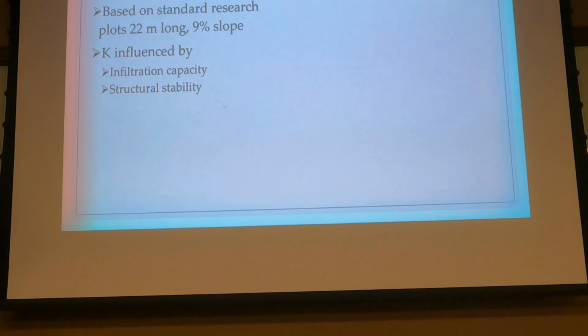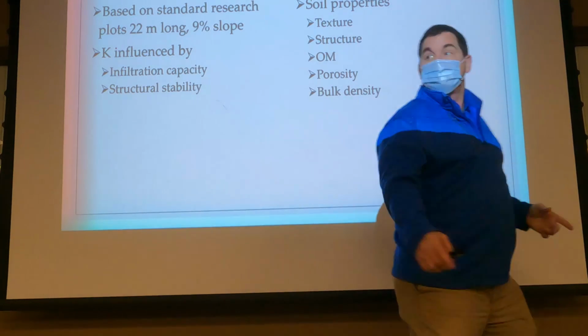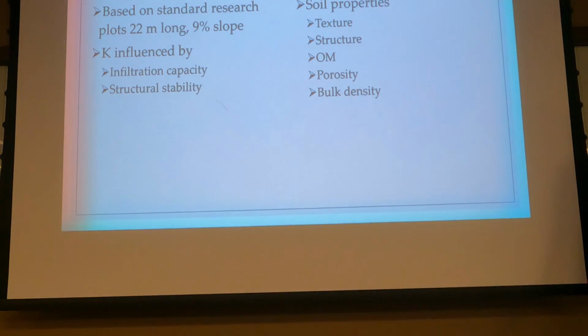We can talk about conservation tillage and regenerative agriculture and all that stuff, but you're not going to see the benefits of it next year. It's going to take a couple of years before you finally start to develop that. And so here we are back to our soil properties. We've got structure, texture, sand, silt, clay, organic matter, and bulk density.